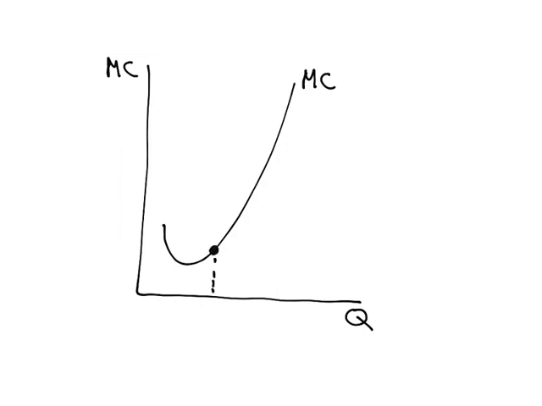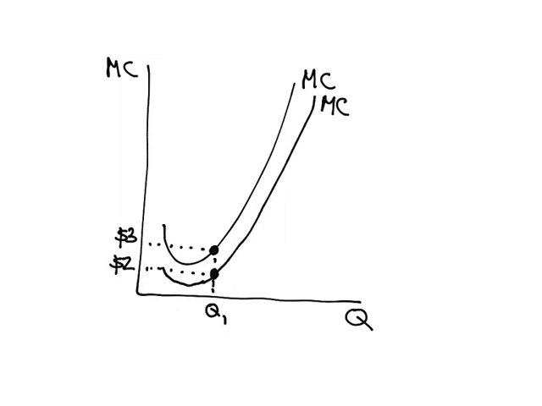And so this is some level of output Q1, and the marginal cost is $3. Well, if we wanted to show a decrease in marginal cost at every single level of output, that would mean that at Q1, our marginal cost would have to be somewhere here at $2. So we would need our new marginal cost curve to go through that point. So something like this, right?